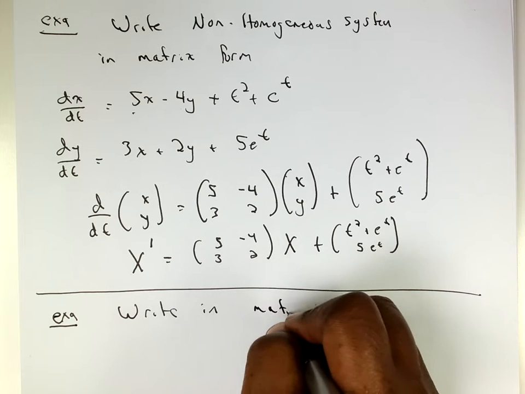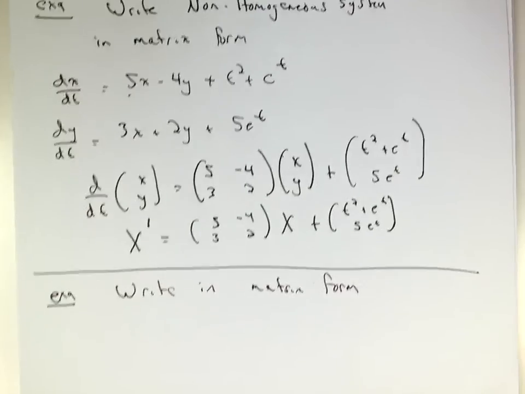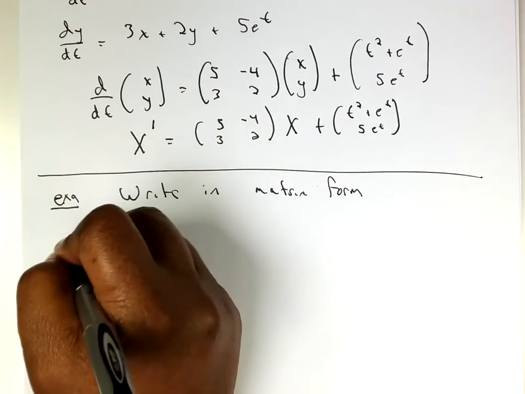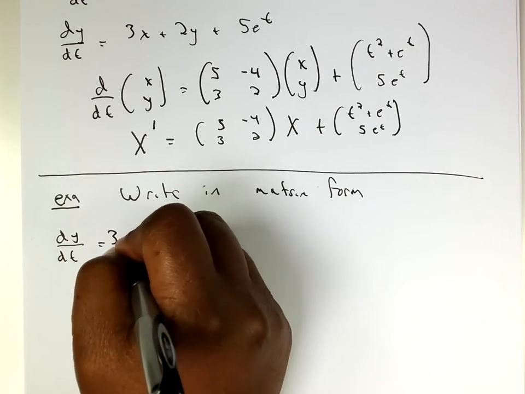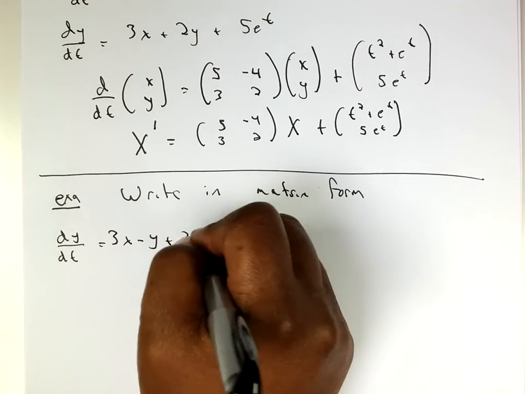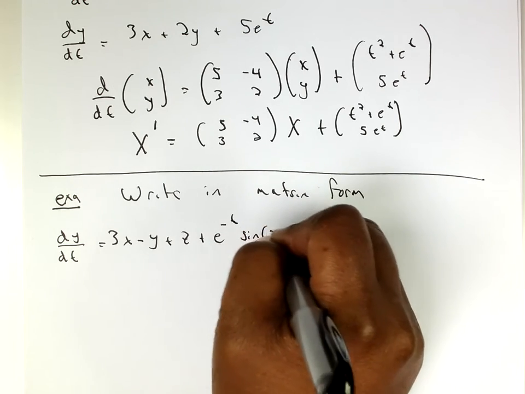That was a 2 by 2 because we had 2 unknowns. Here I have a 3 by 3. So I have dx/dt is equal to 3x minus y plus z plus e to the negative t sine 2t.